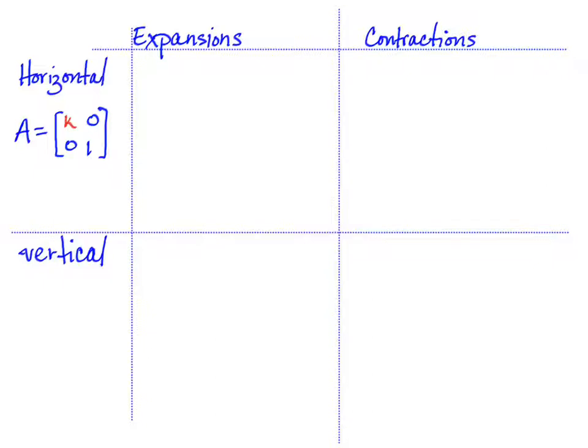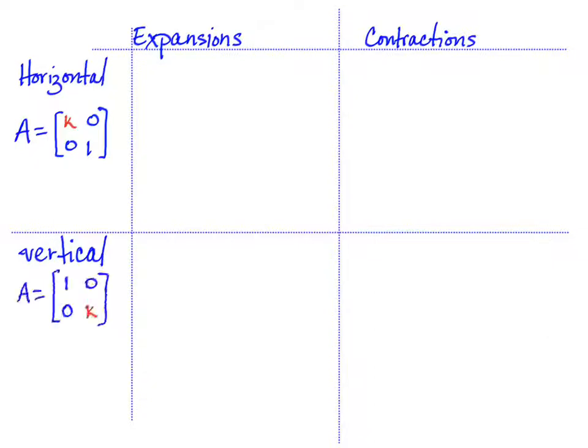And that's because if you expand the first standard basis vector, (1, 0), horizontally and not vertically, all you're doing is multiplying the first component by a scalar k. So the second component doesn't change. So (1, 0) goes to (k, 0).